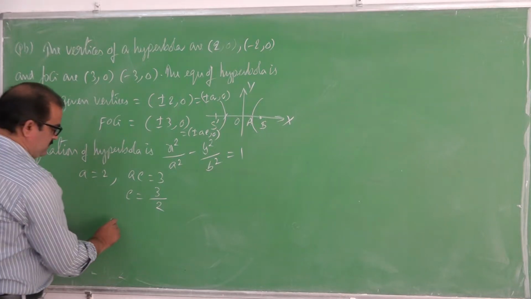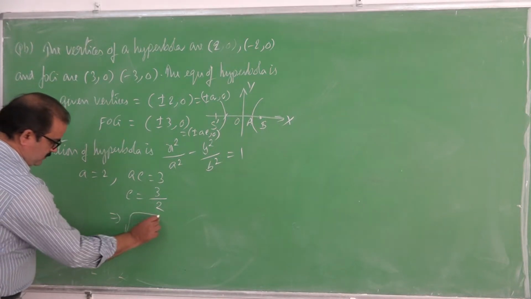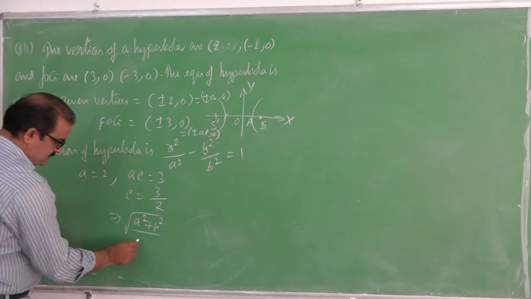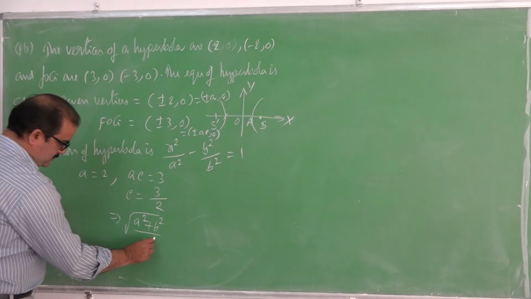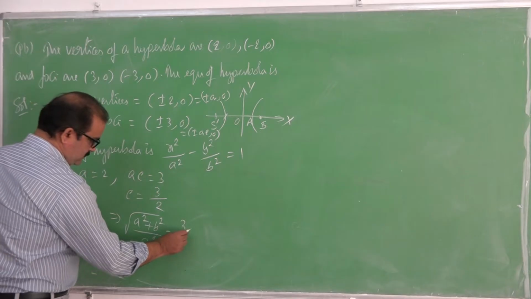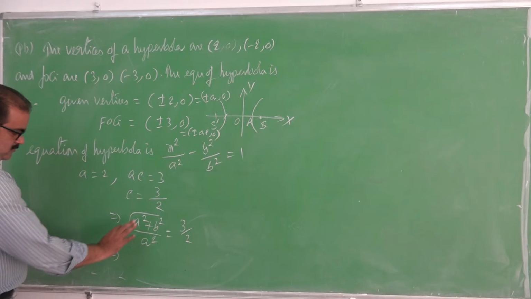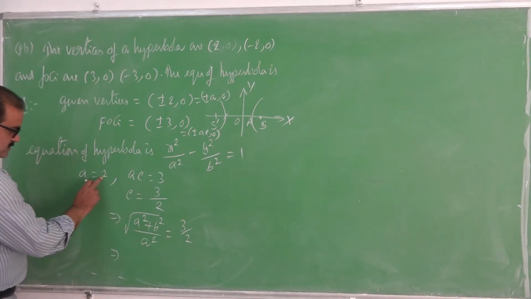But what is the formula of e? Root of (a square plus b square) by a square is equal to 3 by 2. Now squaring on both sides and substitute a value.